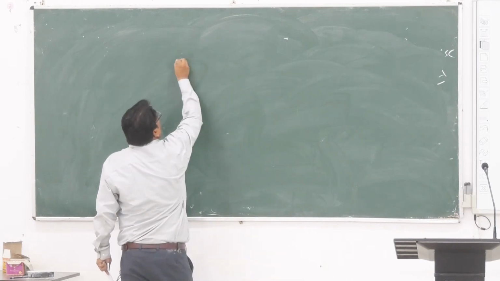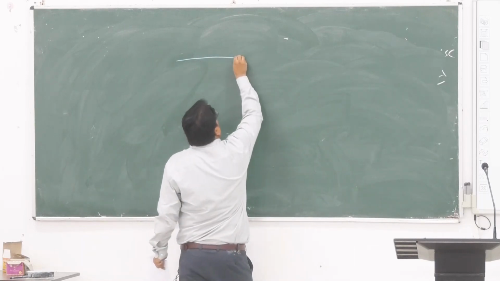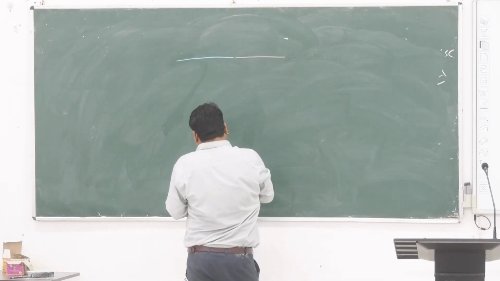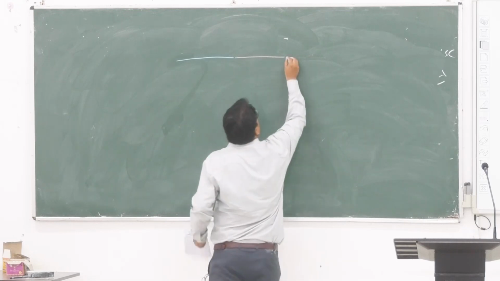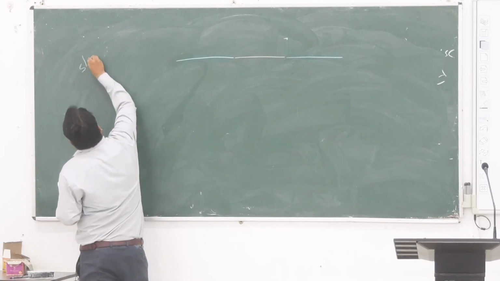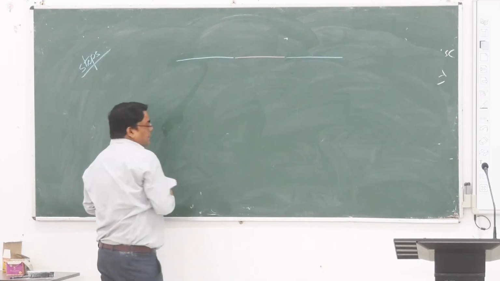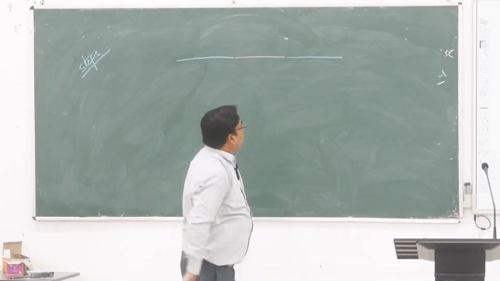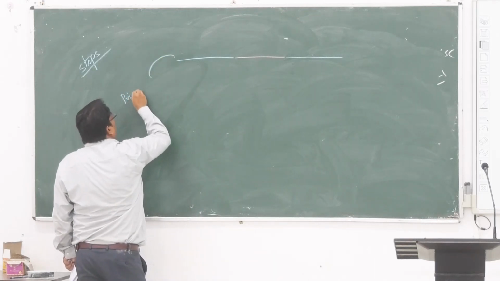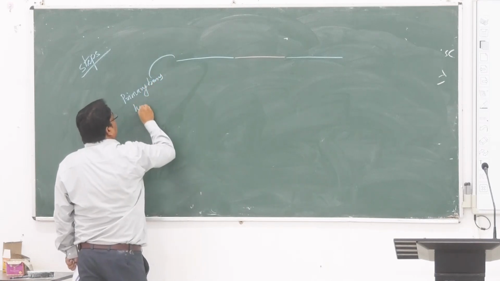Now simply this is our primary transcript, which contains exon, intron, and again exon. So in the self-mediated process, the first step is recognition of sequences. We also call this sequence the primary transcript, or hnRNA.